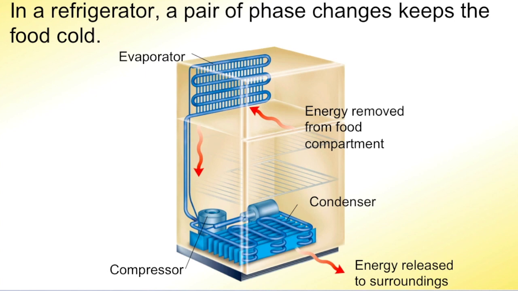So we have energy from the food compartment going into the evaporator. Then that gas goes back down to the compressor. And what the compressor does is turns it back into a liquid so that it can then evaporate again, vaporize. And that takes a lot of heat to run the compressor.